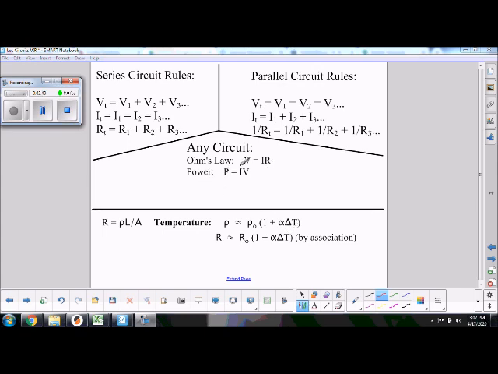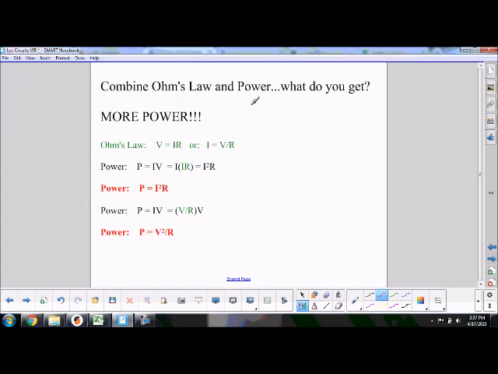We can combine these equations a little bit in the middle in any circuit area. Remember, your Ohm's law and power equations can be combined. So if you take your V equals IR and your P equals IV and you mix and match them together, this is in another lecture, I believe, you can also calculate power with I squared times R, or V squared divided by R, which means if you double the current in a resistor, you quadruple the power. If you double the voltage, you also quadruple the power.